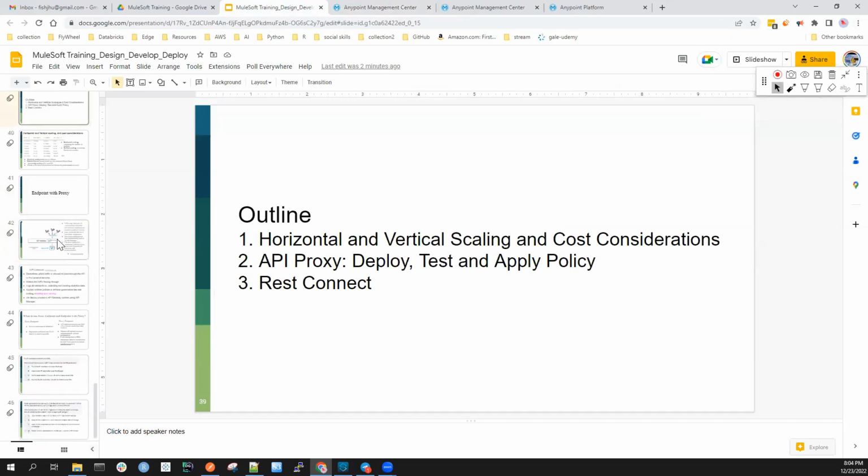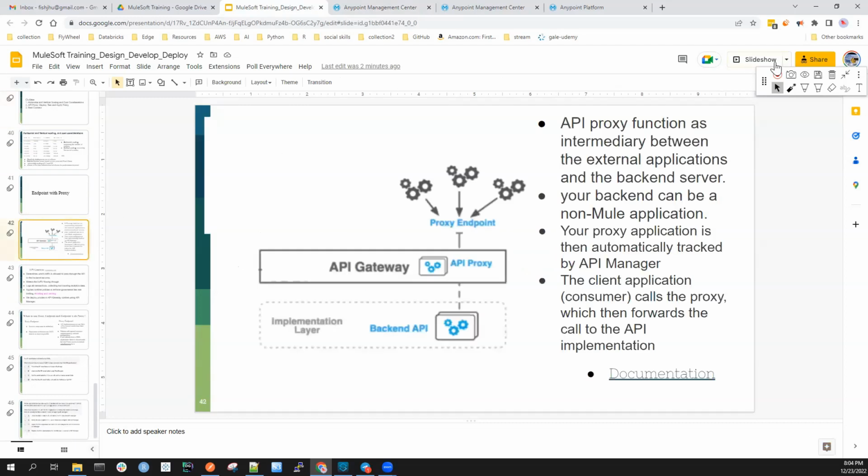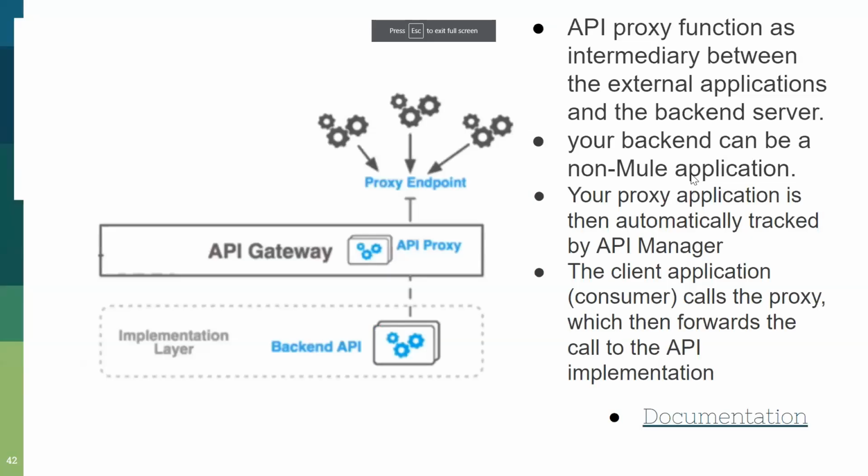What is an endpoint with proxy? If I move this, we say an API proxy functions as an intermediary between the external applications and the backend server. Here, this is the backend server, or you see here, the implementation layer.